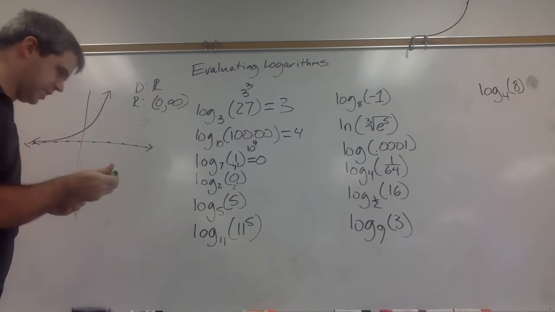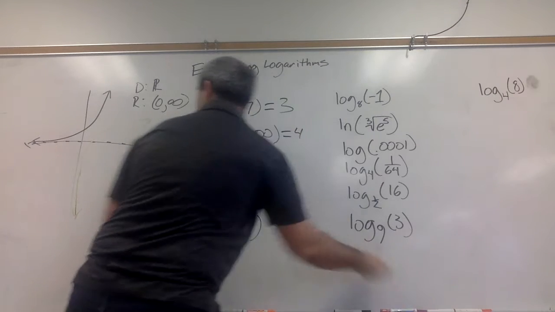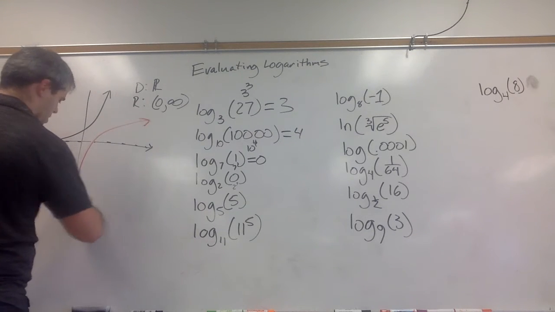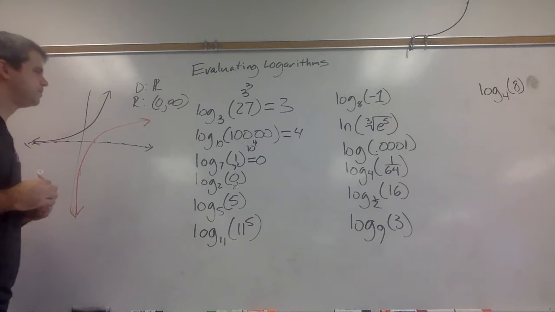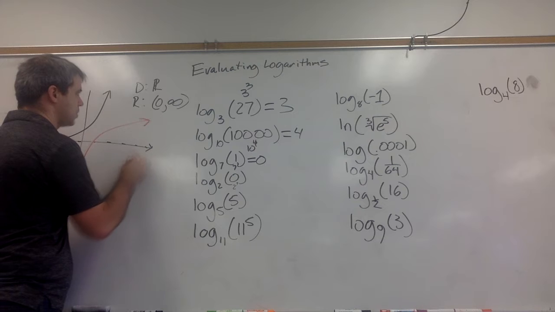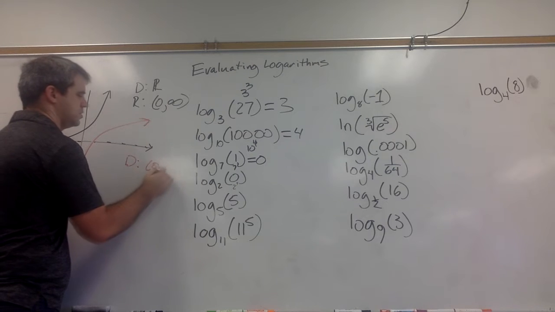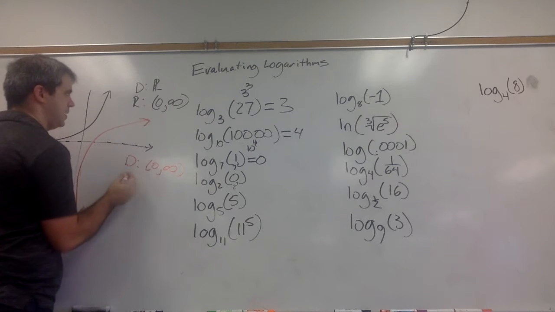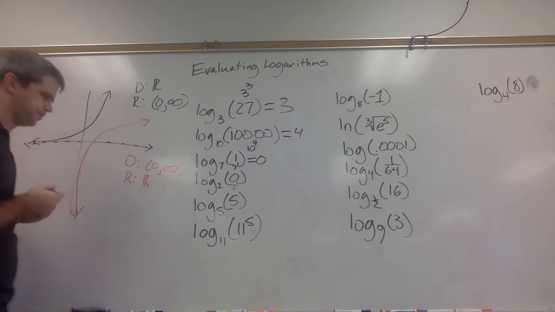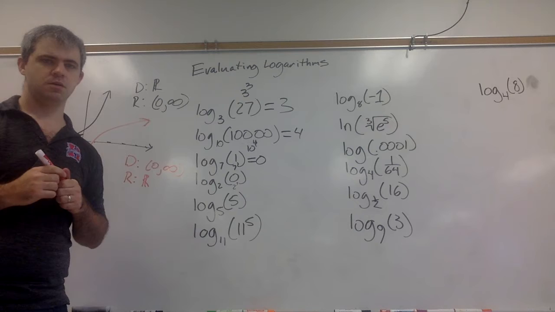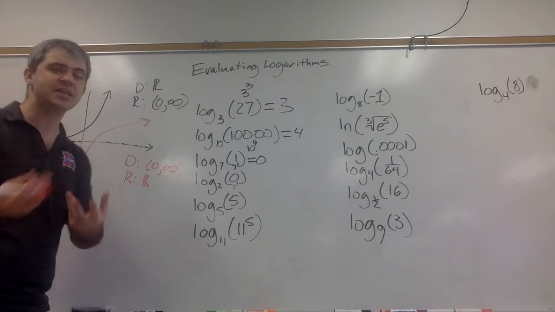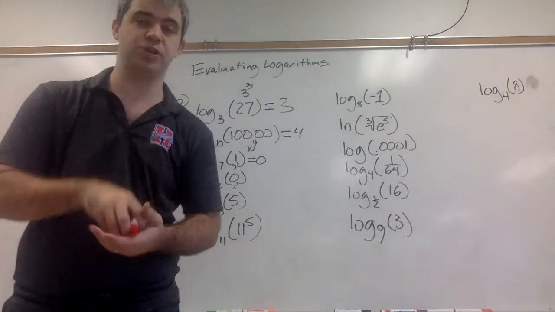Excuse the horrible picture there. Let me use a brighter color. There we go. So when we switch the domain and range here, our domain becomes 0 to infinity, and the range becomes all real numbers. Who cares? Well, here's why we care. Remember, domain is the numbers that you input into your function.